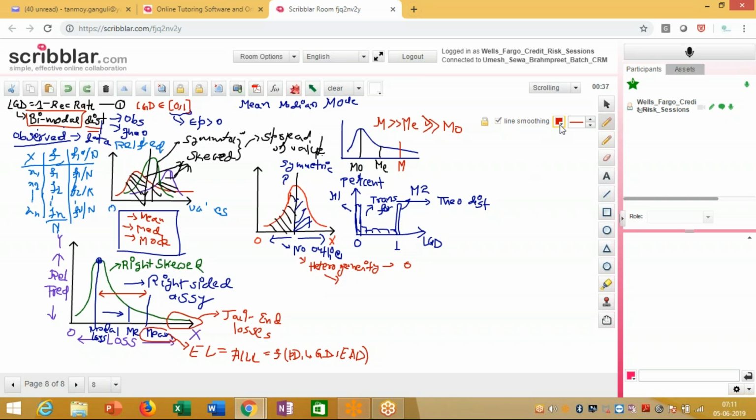This heterogeneity is generally responsible because of the existence of categorical variables. The heterogeneity, as I said, is created by categorical variables.